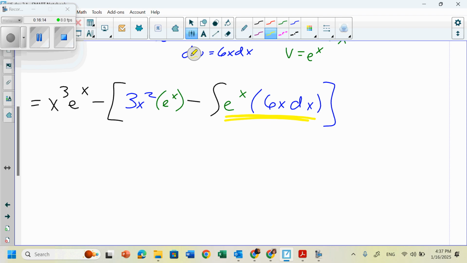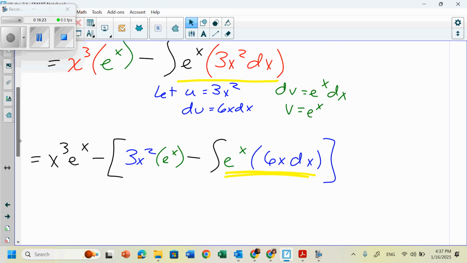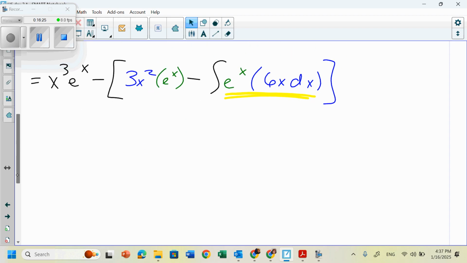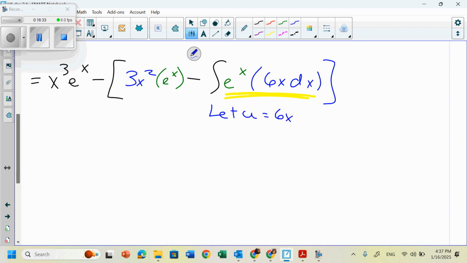I just left it the way it is. That is up to you. And again, let u equal 6x, then du is 6 dx, and dv is e to the x. That means that v is e to the x dx. Taking care of all those pieces in there.